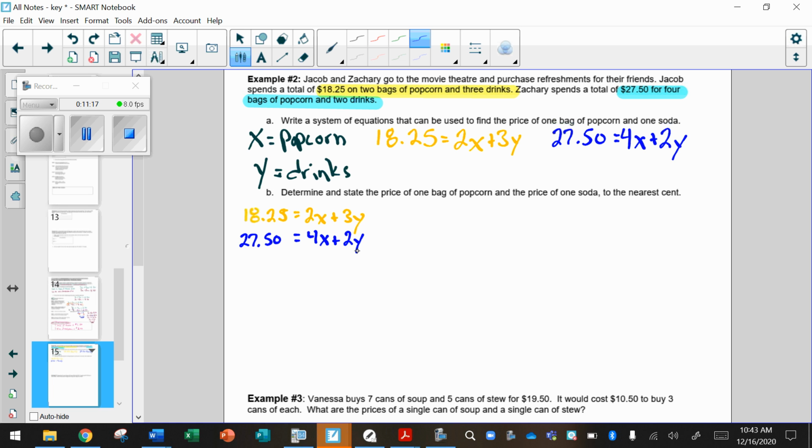Now, we're supposed to be able to cancel out either the x's or cancel out the y's. None of the coefficients match yet, and everything is all positive. So, we used multiplication by -1 on the last question. We are going to use multiplication again on this one, but not by just -1.